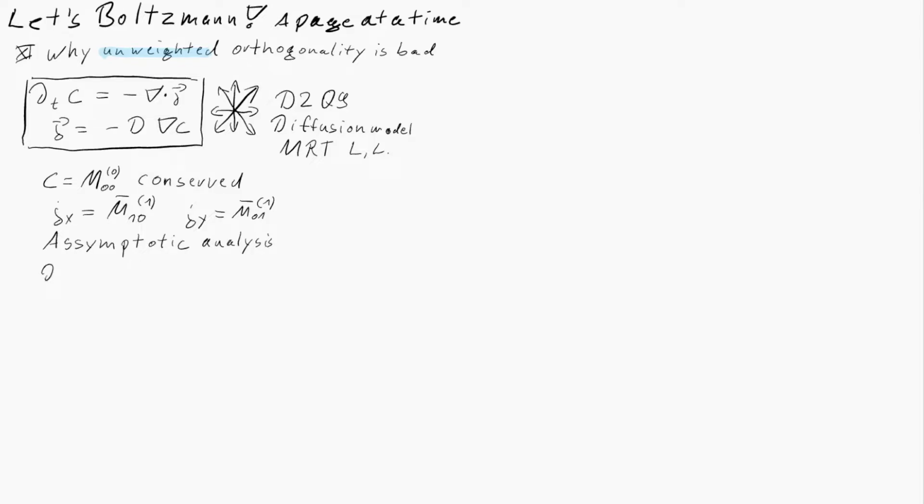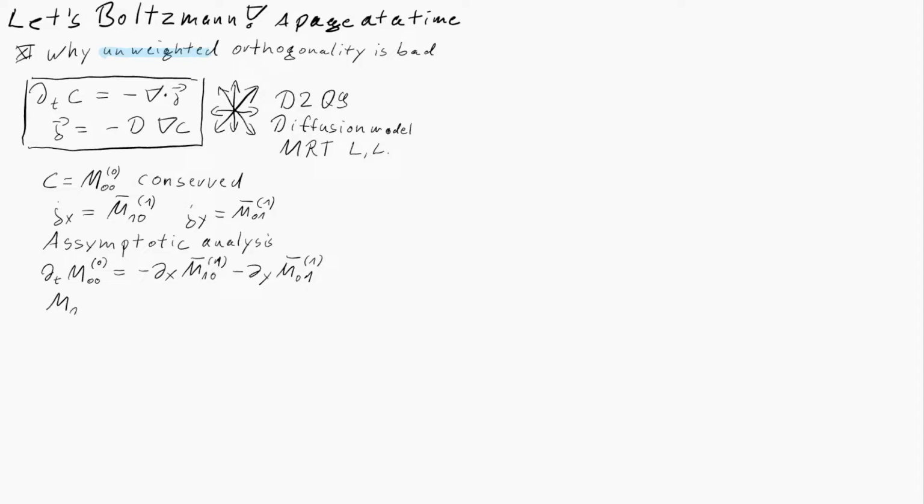This gives us, for this set of moments, this equation: the time derivative of M00 to zero order is minus dx of the flux M10 to first order, minus dy M01 to first order. And here we identify the first equation of our set of equations.